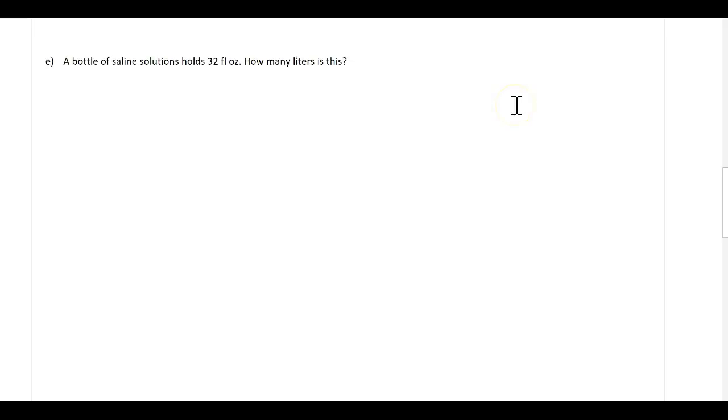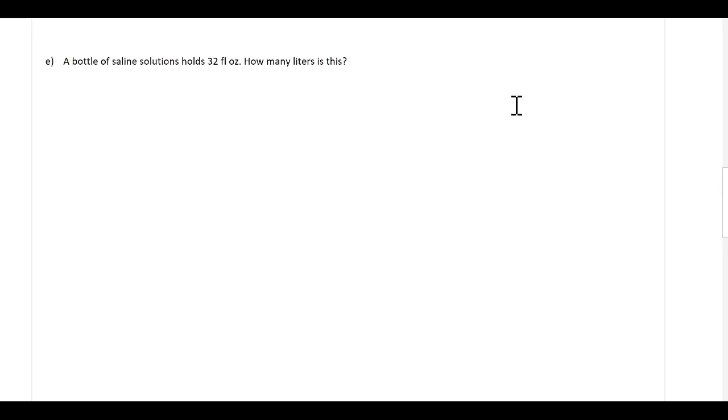Okay, so here's one. A bottle of saline solution holds 32 fluid ounces. How many liters is this? A couple of different ways you could go about it. You could change fluid ounces into milliliters and then milliliters into liters.